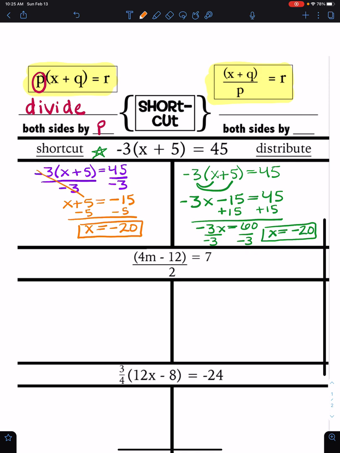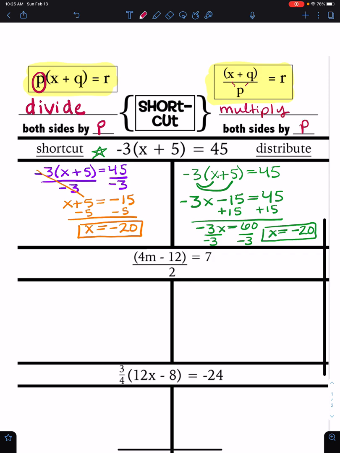It involves distributing by division. So we'll go back up to the top here and see what our shortcut's going to be. We can either divide both of the terms by p, like we learned when we were just distributing with expressions, or the shortcut is to multiply both sides by p, because that's the opposite operation of division.